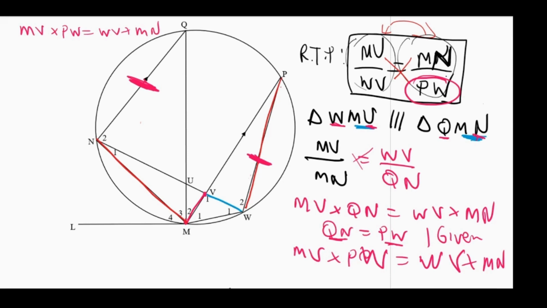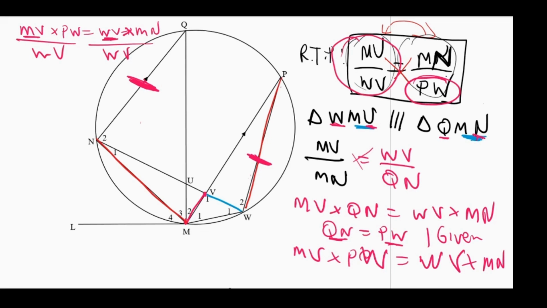Now we're going to write it back into fraction form. So meaning we can divide by, because here on our left hand side we have MV, which is this MV, right? It is divided by WV, which is this portion here. So this is multiplication, so we're going to divide by WV, divide by WV both sides.